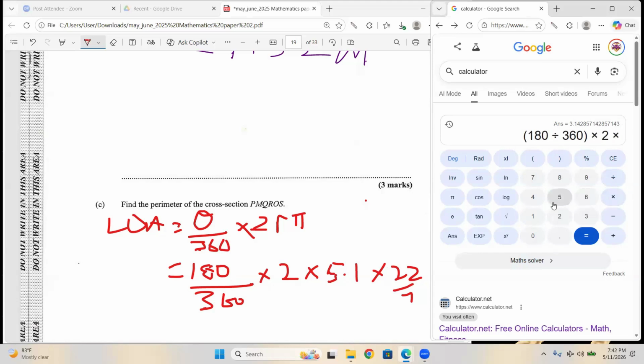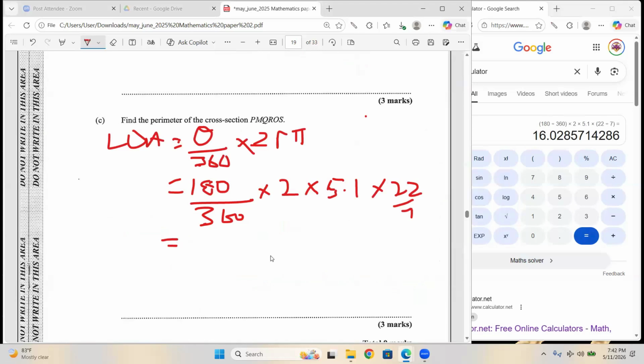So avoid whatever happened just now there. Put the fractions in brackets. Okay, that's more like the answer we need here. So the length of the arc is 16. I think I write that to the nearest whole number. Yes, 16 meters. The other sides were in meters, so the length of the arc is in meters.